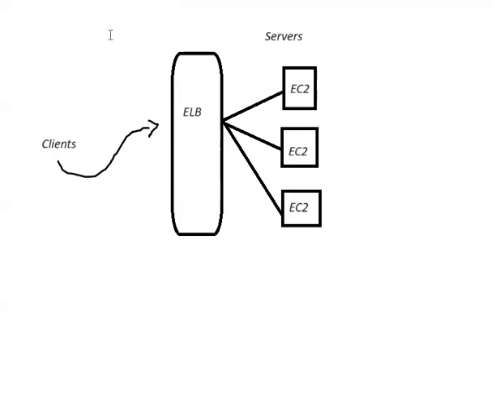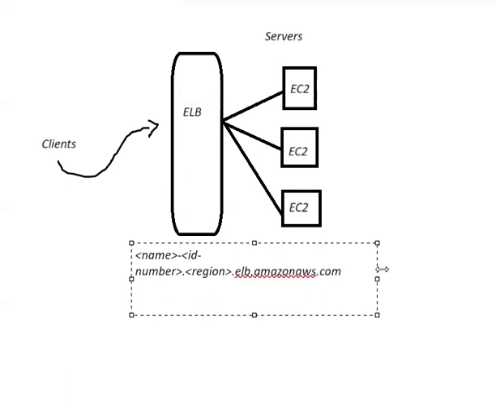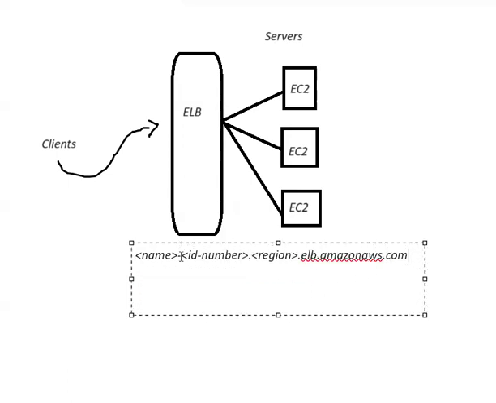Now let us see what the elastic load balancer address will look like. You can see some name and some ID number is there, and whatever region you created this elastic load balancer in, that region is there, and then elb.amazon.com.